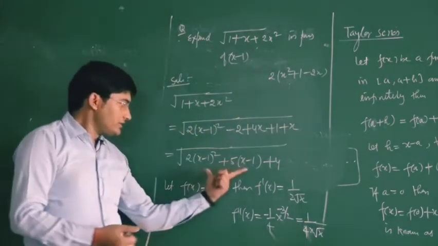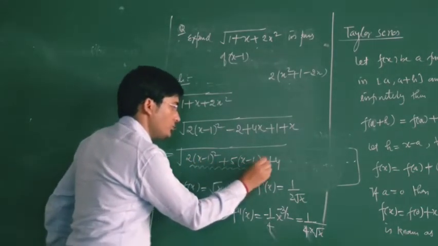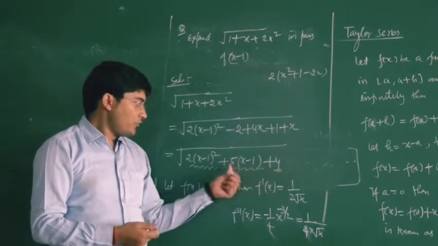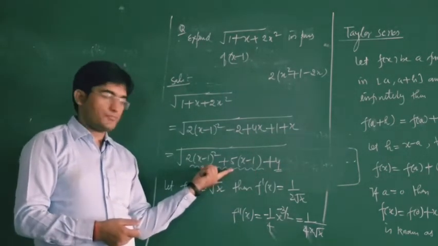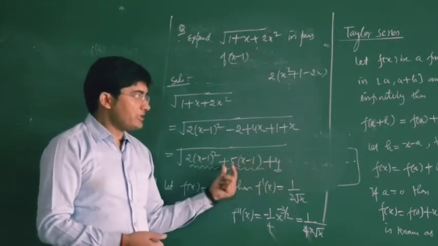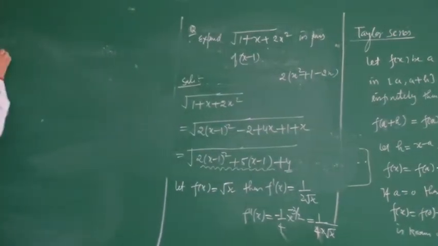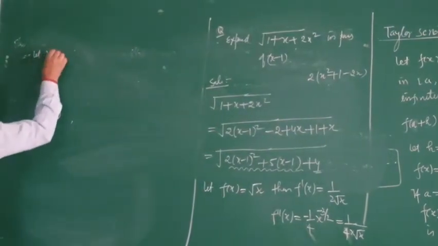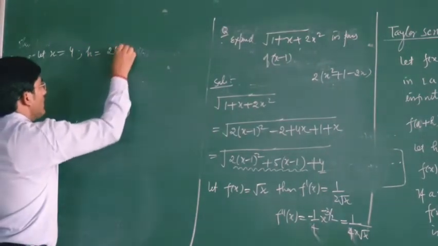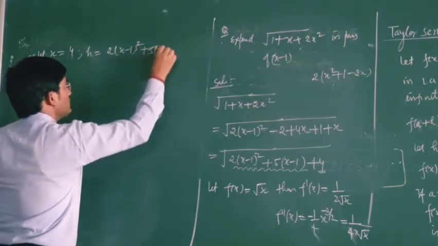Now suppose that this is your h. Now let us assume this one as h and this one as x. So we can see that this is your f of x plus h. That means f of x plus h, and for f of x plus h we have this formula. So let x equal to 4 and your h equal to 2(x minus 1) whole square plus 5(x minus 1).